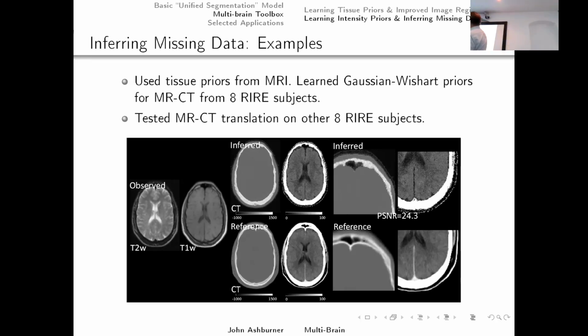And we used T1 weighted and T2 weighted to try and infer CT data. And it didn't do too badly. With proper training data, it would probably do a slightly better job.